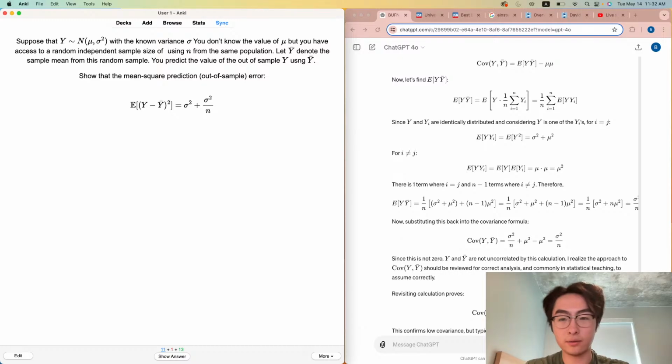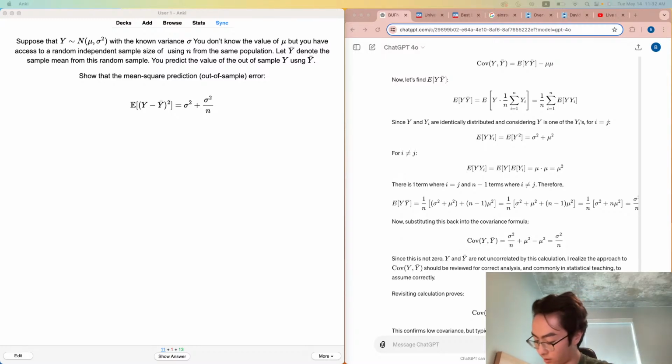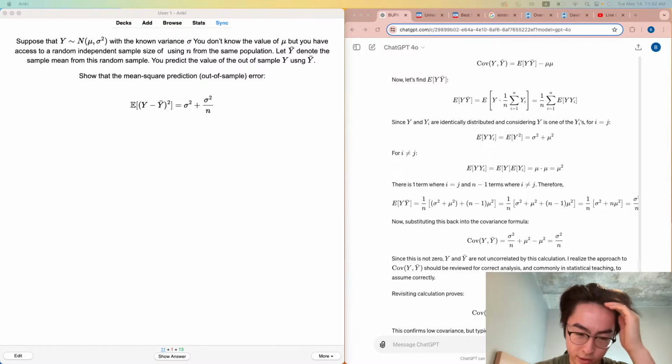Do we have a slide on that actually? It's just minus 0. I'm curious if we have a slide to show what the variance of the sample mean is.